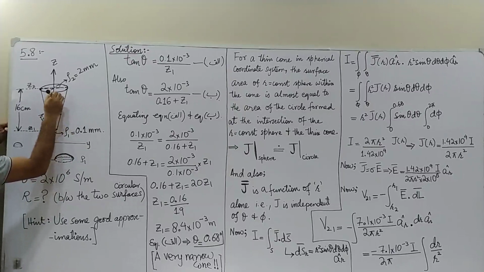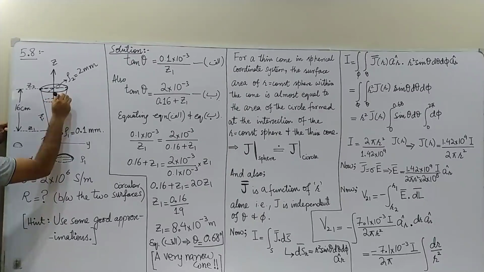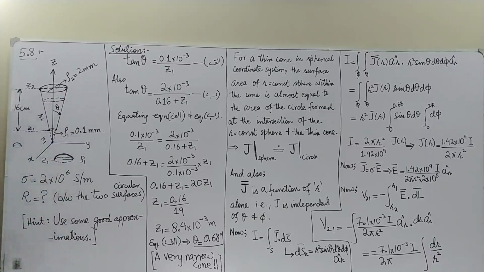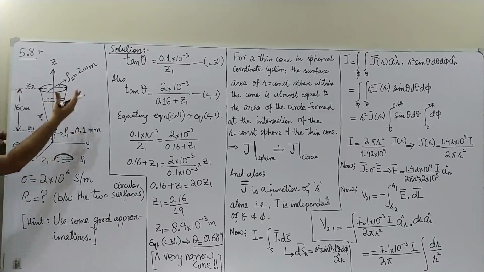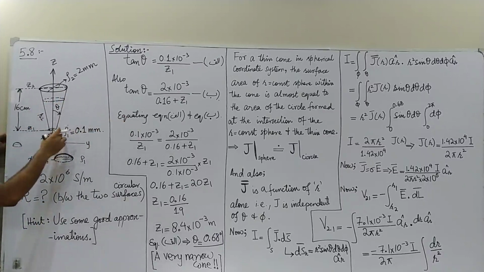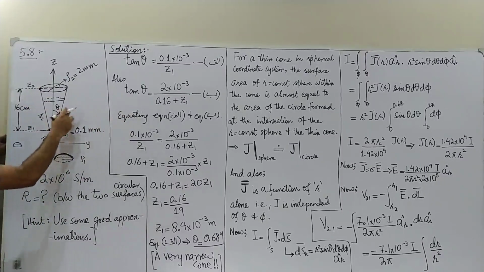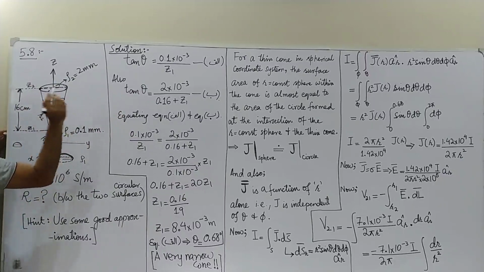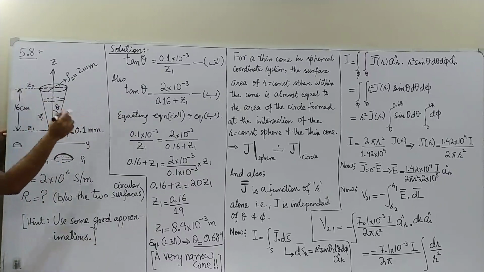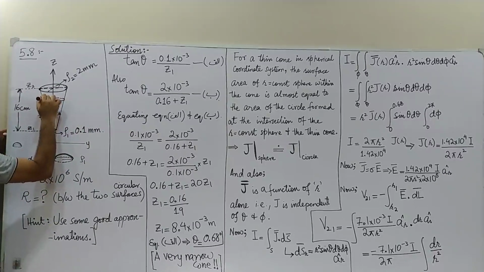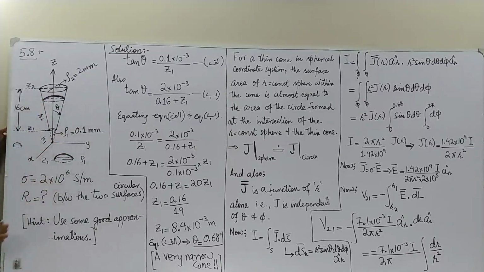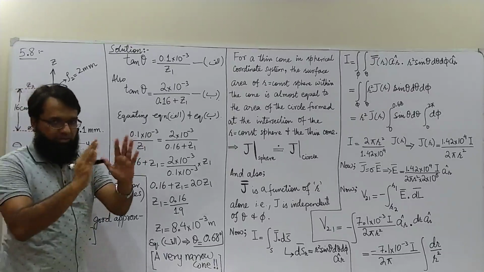If I would just consider another circle within this cone, which is definitely made up of some other sphere r equals r3, the intersection of sphere r equals r3 and this cone theta equals 0.68, the area of the portion of the r equals r3 sphere within this cone would be approximately equal to the area of this circle, because the cone is extremely thin.